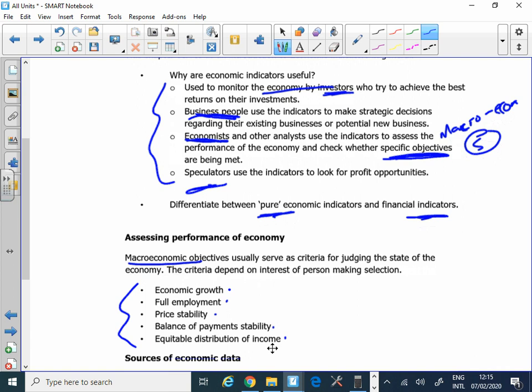It's not like one indicator applies to all of them. One indicator would work for a certain thing. For example, with price stability, that's where we're going to get our CPI, our PPI, and our inflation. These are going to be measures that help us to understand or say more about price stability.